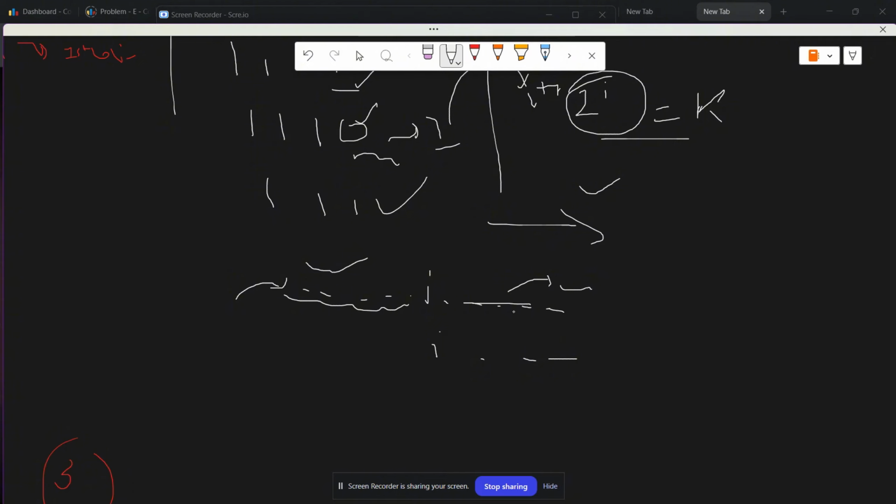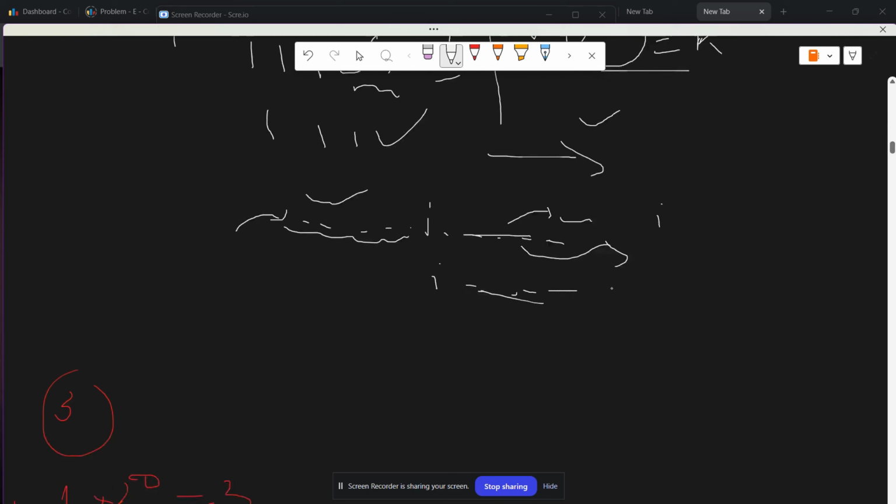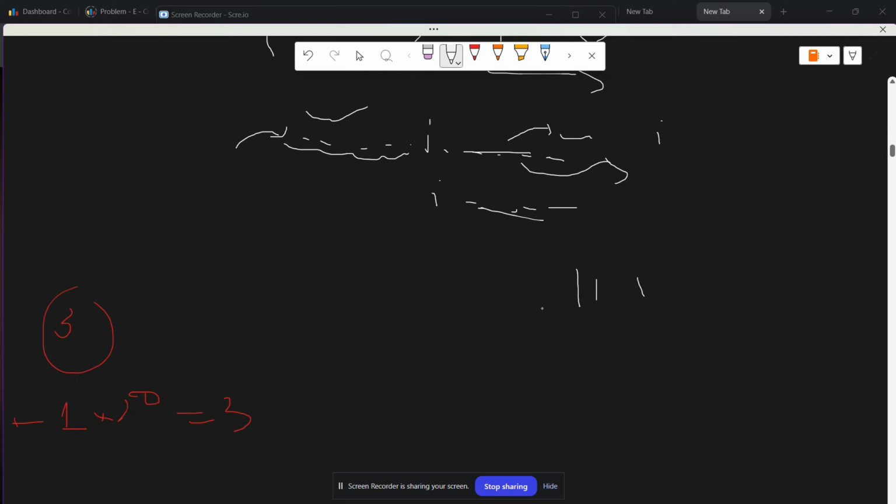Why don't I care about before? Because i is the smallest position that is different in all the others. That means before i, all the bits are the same in all the numbers. Let's say this is i, then this much representation of all the bits will be the same.